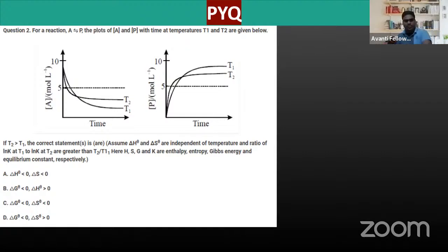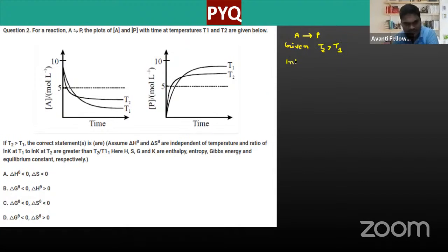Now, for the reaction A to give product, it is already given that T2 is greater than T1, right? T2 is greater than T1.